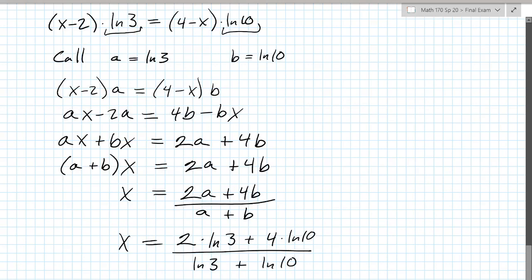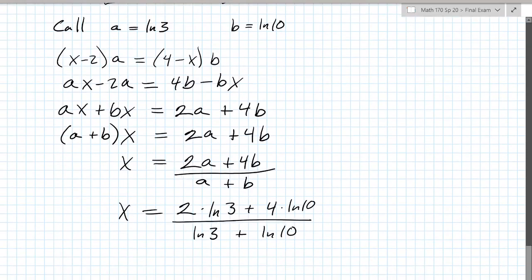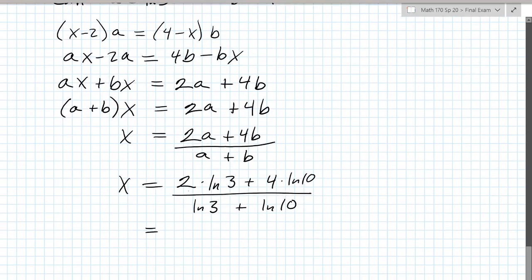If we want, we could use some properties of logarithms to combine these to make it look a little bit nicer. So let's do that. Let's use the power factor property to rewrite the top as the ln of 3 squared plus the ln of 10 to the fourth. I'm not going to do anything with the bottom on this step.